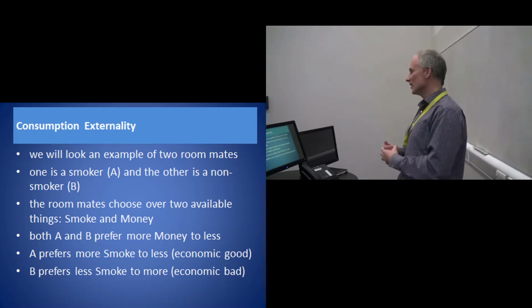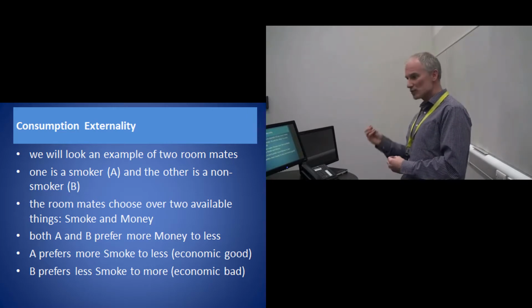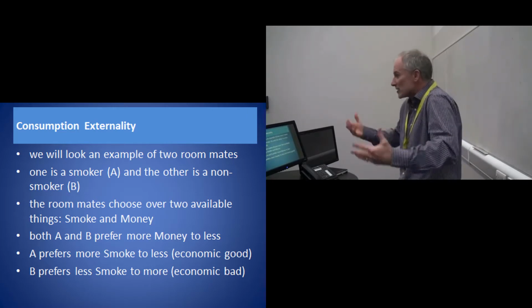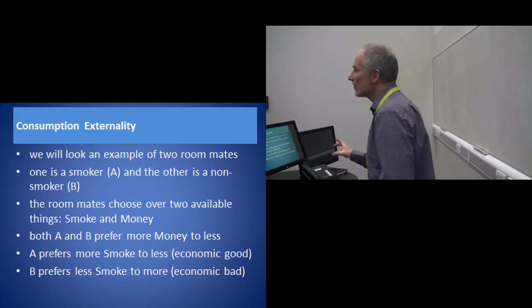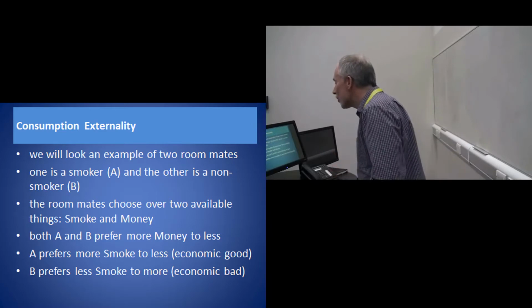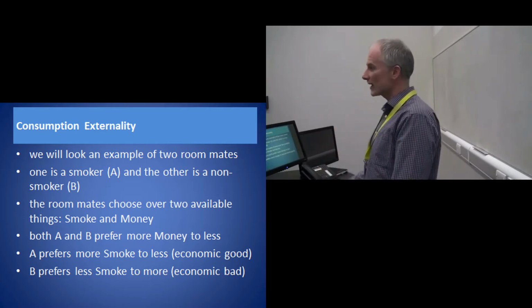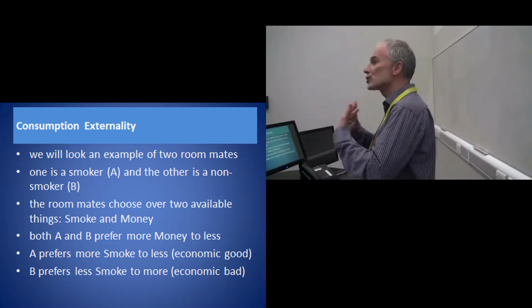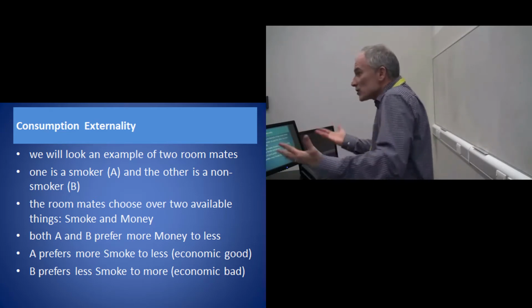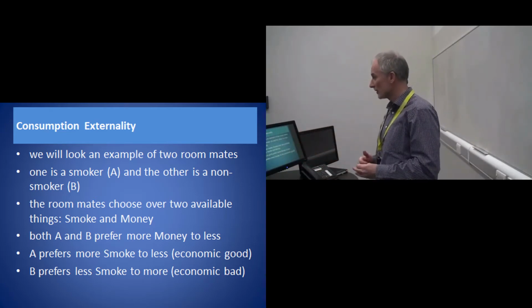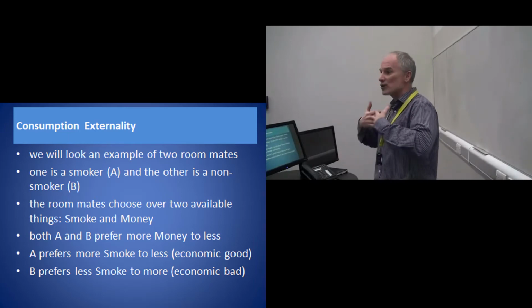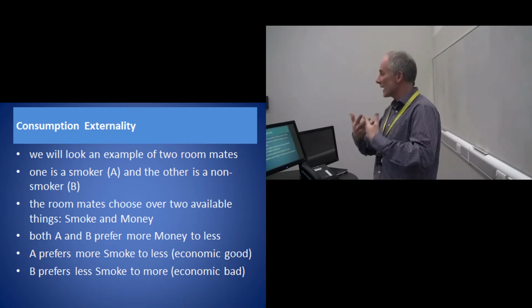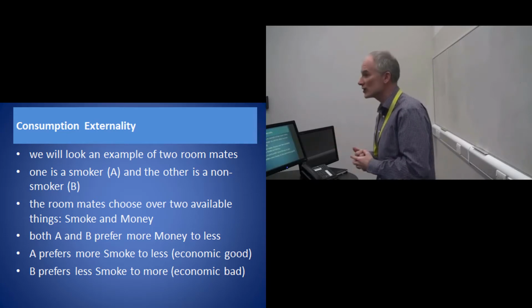Where there is a difference, though, is when it turns to the smoke generated by person A smoking. For person A, smoke is an economic good. The more smoke there is, it means that person A is smoking. Now let's ignore all the health considerations. If person A smokes, he gets satisfaction. That's what he enjoys doing.